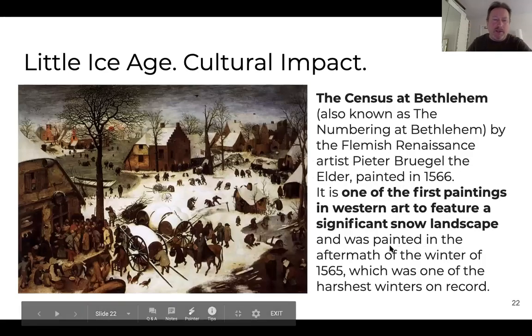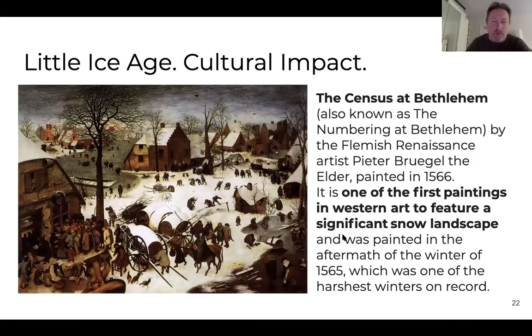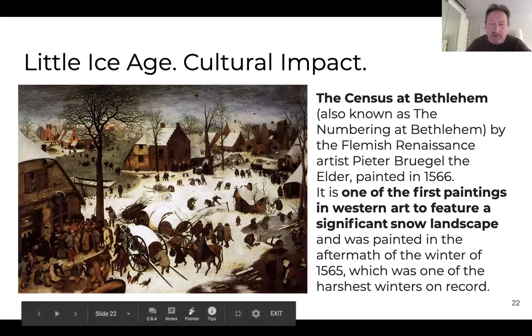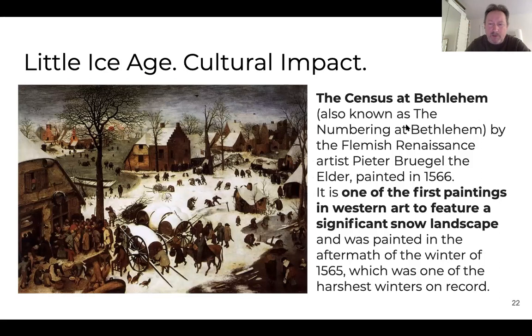The Little Ice Age was nicely registered in European culture, especially in Holland. This is the Census at Bethlehem, also known as the Numbering at Bethlehem. This is also a demographic link.